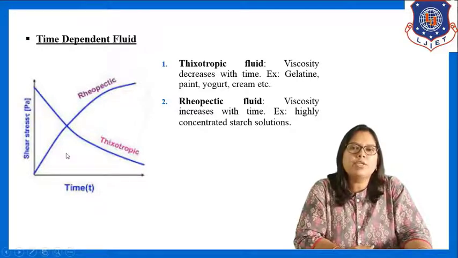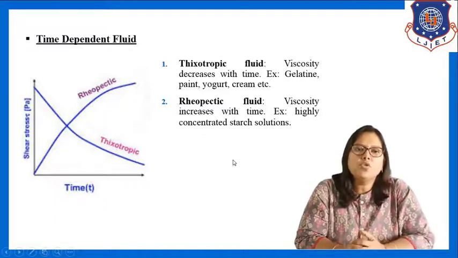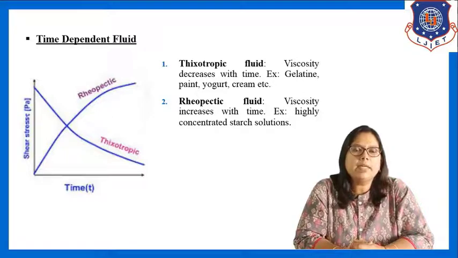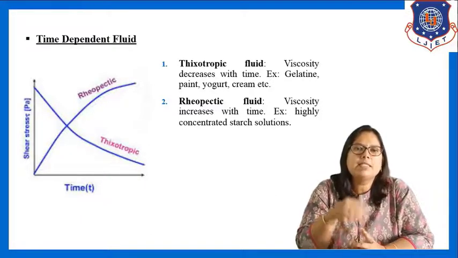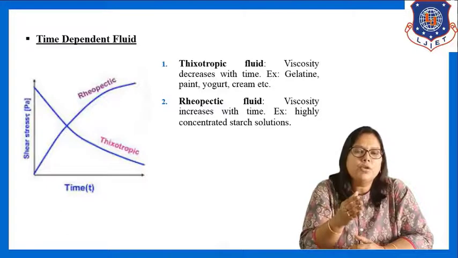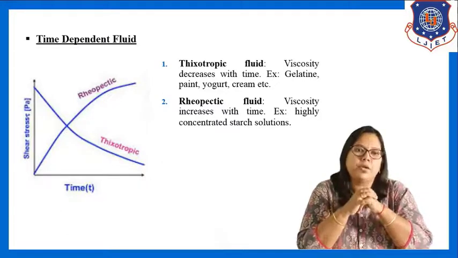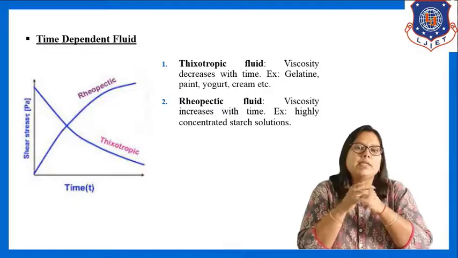From this I can say that thixotropic fluids are those fluids for which viscosity decreases with time, and rheopectic fluids are those for which viscosity increases with time. Examples of thixotropic fluid are gelatin, paint, yogurt, cream, etc., for which viscosity decreases with time.